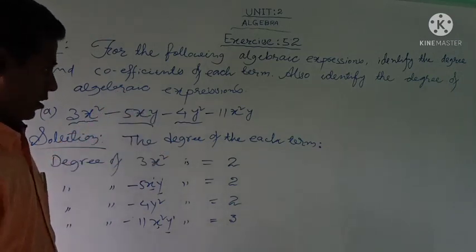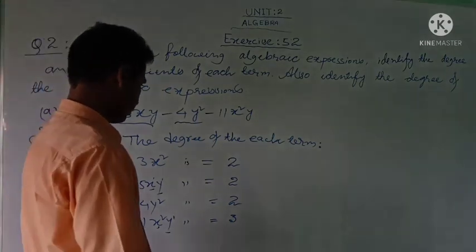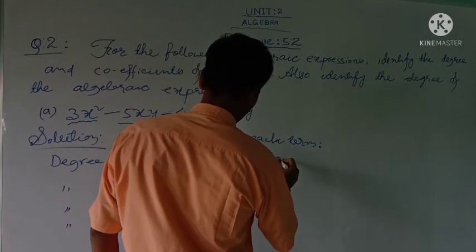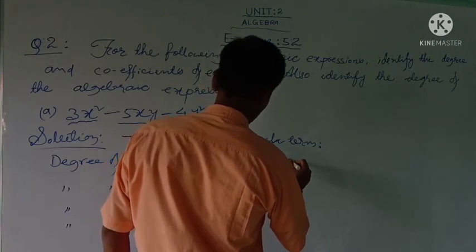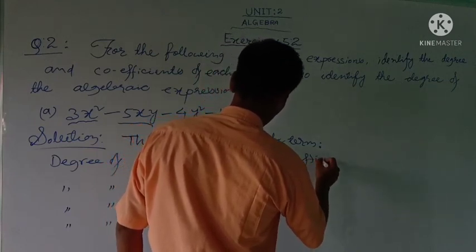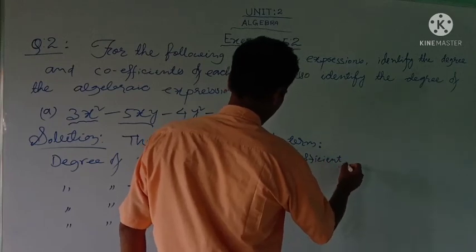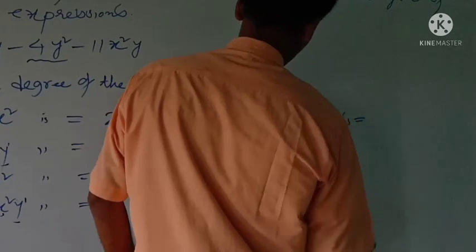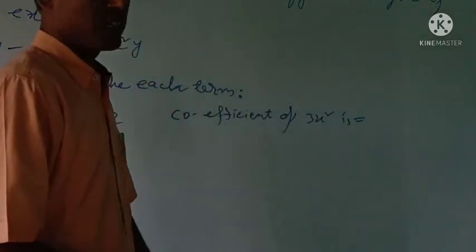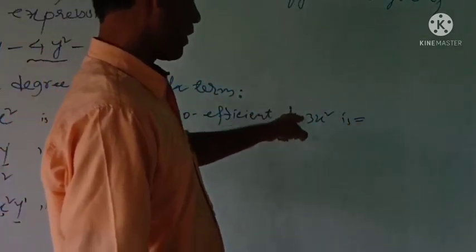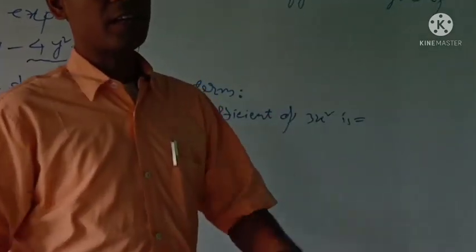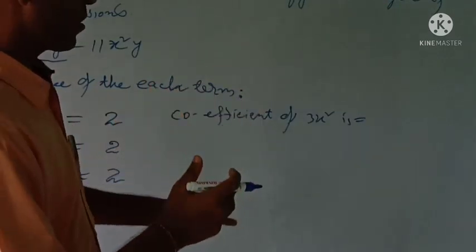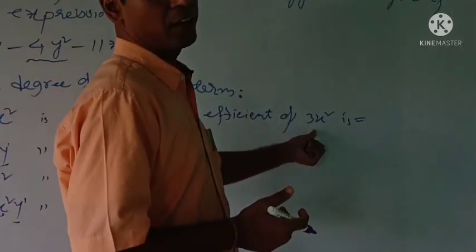Okay, so coefficient of thrice x square is, actually we learned that coefficient means coefficient of the complete term. Okay, when we will be asked to write the coefficient of the complete term, that time we will consider the numeric coefficient only.